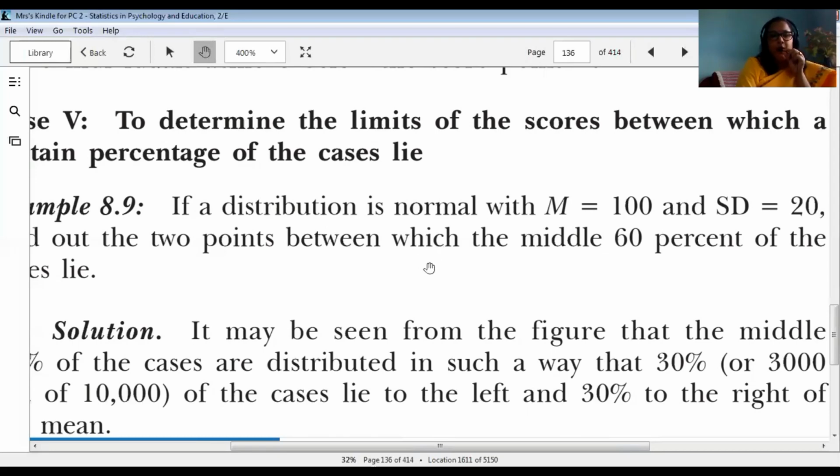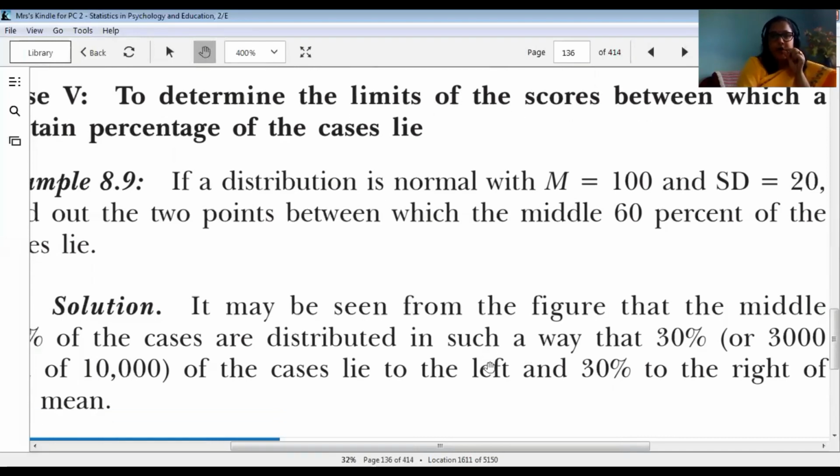Okay, before giving the graphical presentation of the curve, we first need to understand that we need to distribute the middle 60% of cases into two halves, which will be 30%, or 3,000 out of 10,000 cases, to the left side of the mean and 30% to the right side of the mean.